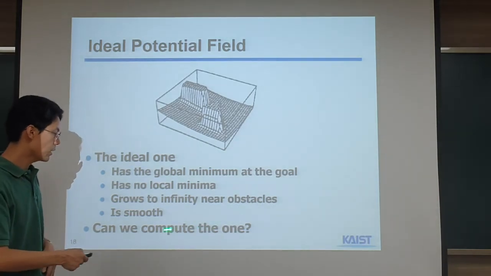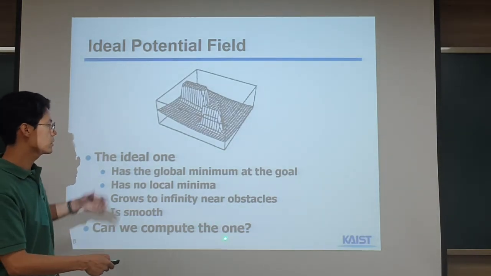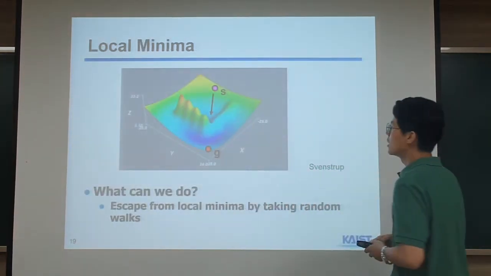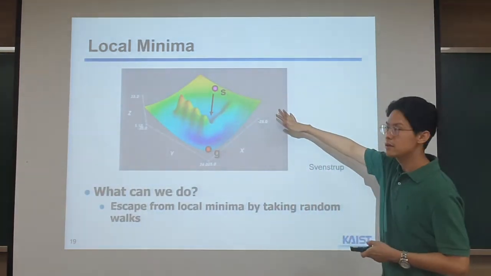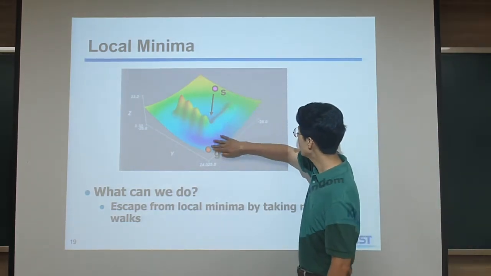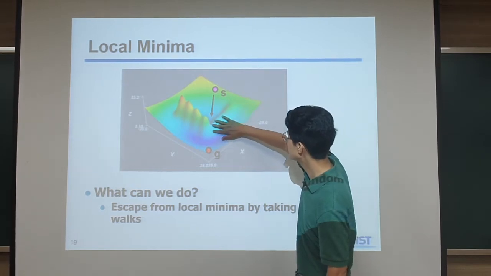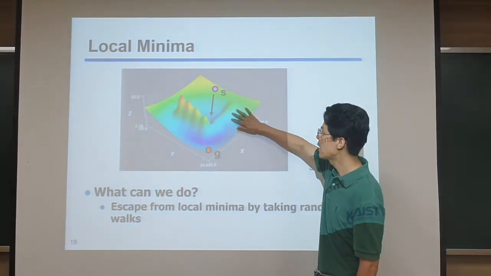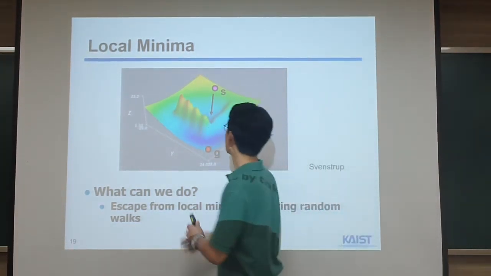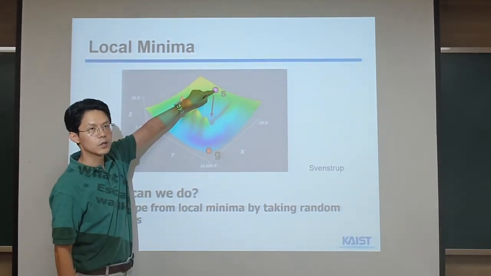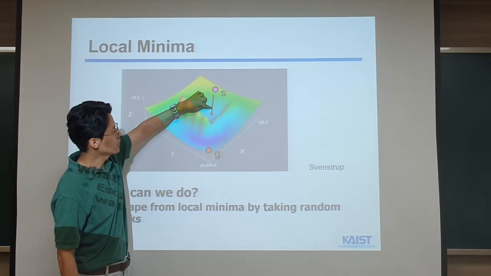The question is how can you compute this kind of field actually? It turns out it's a little bit difficult problem. This is an example of a local minima, with the start and goal. Some other obstacle is located that way, so that's why we get this kind of mountain-like potential field. If we take the negative gradient, then at the start we push the robot from here to there, right?